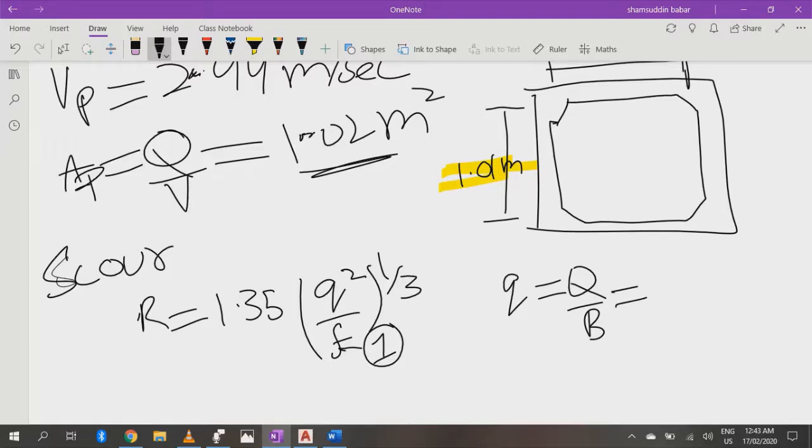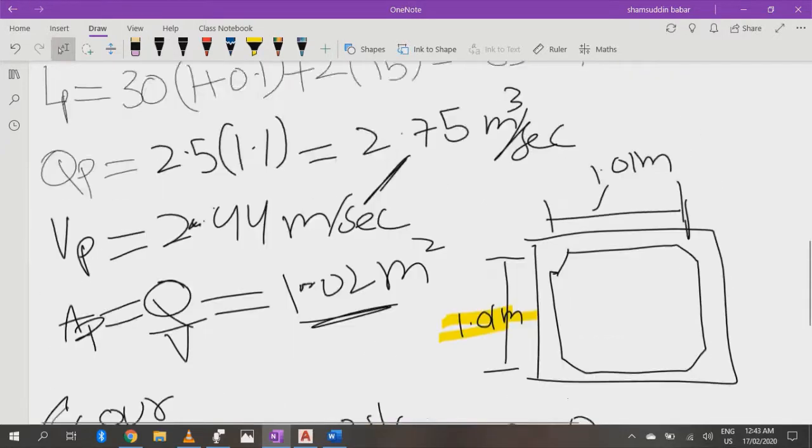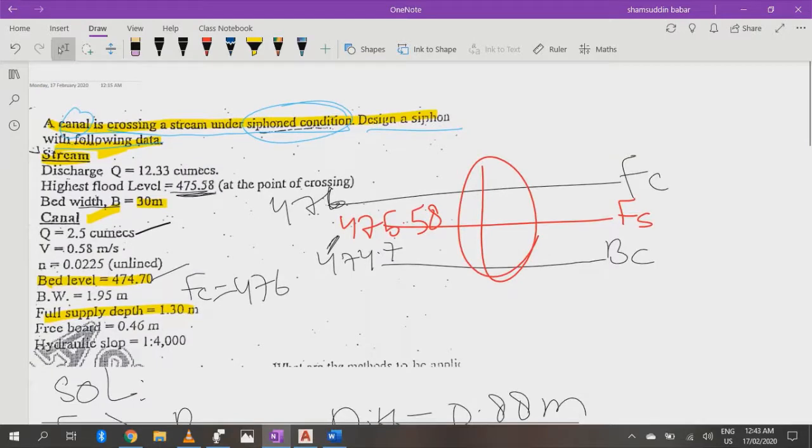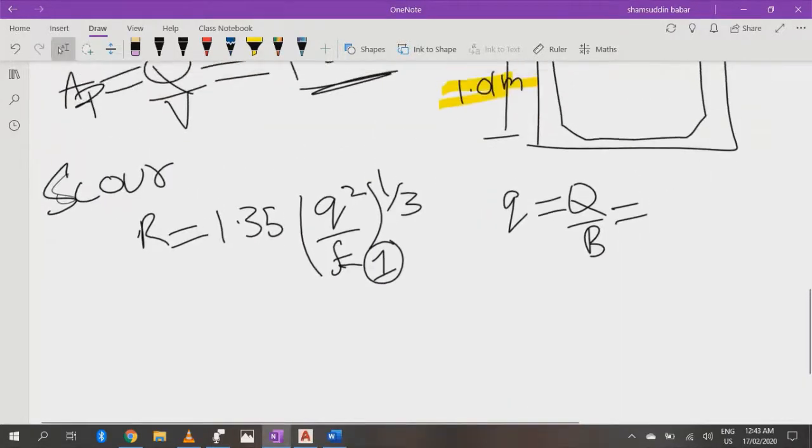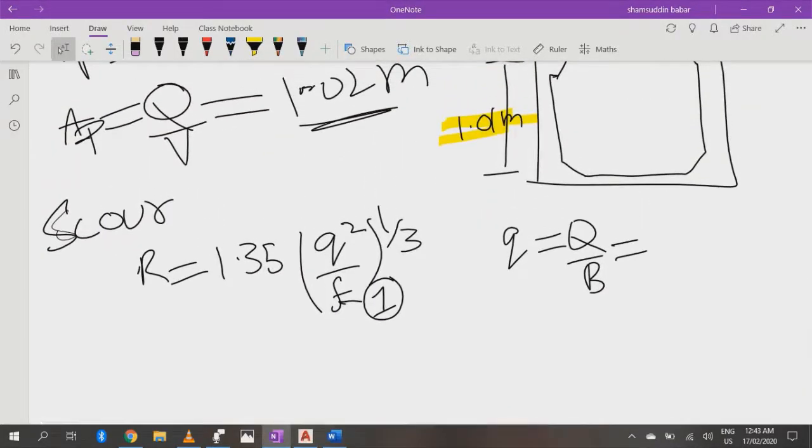For the stream, if we go back towards our data for its discharge and width, we find that discharge is 12.33 and width is 30 meter. So 12.33 divided by 30 meter, I got my answer equal to 0.344 cubic meter per second per meter.